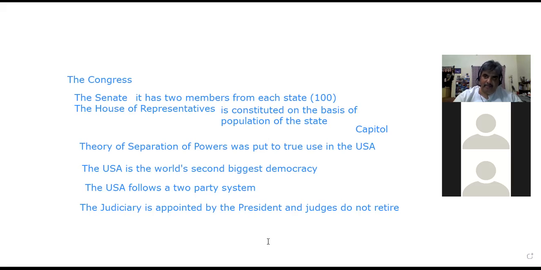In the history of America, 3 presidents have been attempted to be impeached, but none of them were impeached. I have forgotten who the 3rd president is, the name of the 3rd president against whom impeachment procedures were initiated. Richard Nixon, people were going to impeach him after the Watergate scandal.